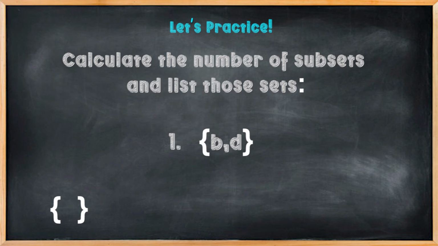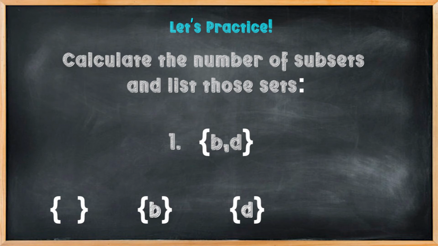Now, after we finish with the empty set, we should list the single member subsets. So let's list those subsets. The first one would be a set with the member B. Then we will have a set with the member D.